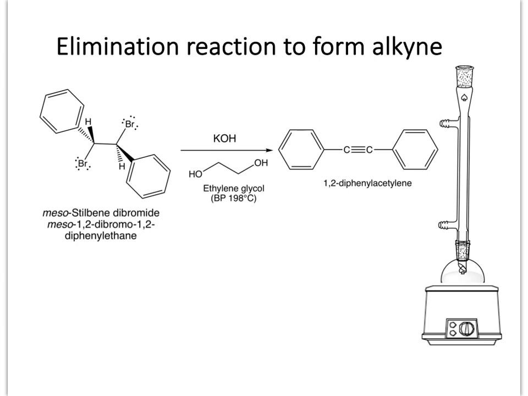So, we're going to make an alkyne. And normally making an alkyne, the second elimination is more difficult than the first elimination to make an alkene.